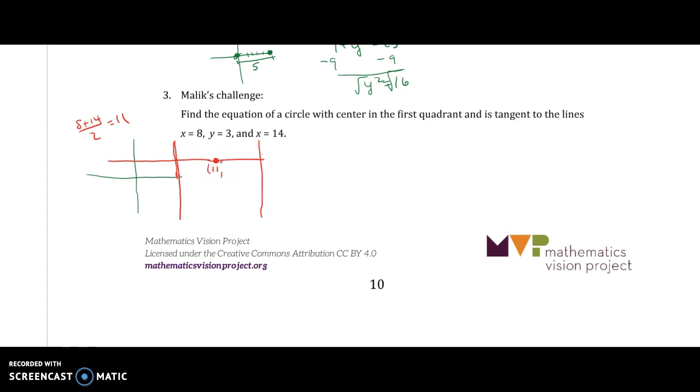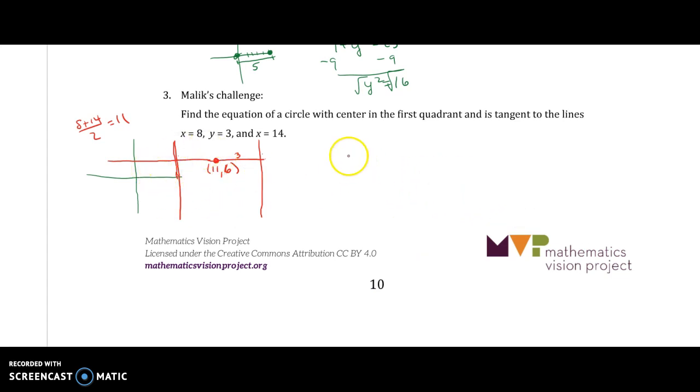To find the y coordinate, think of this: if I go from 11 to this, that is going to be 3. So now, if it's tangent here, I'm going to go up 3 from there, and the center of the circle will be at 11, 6.